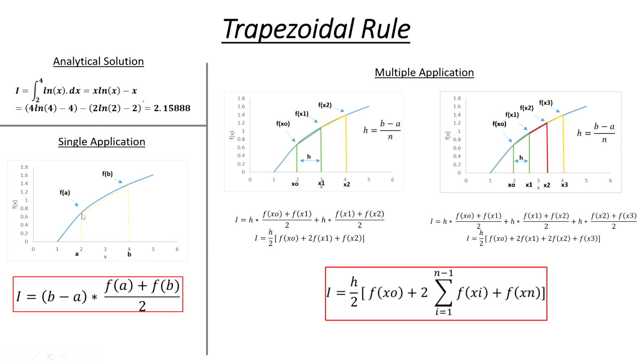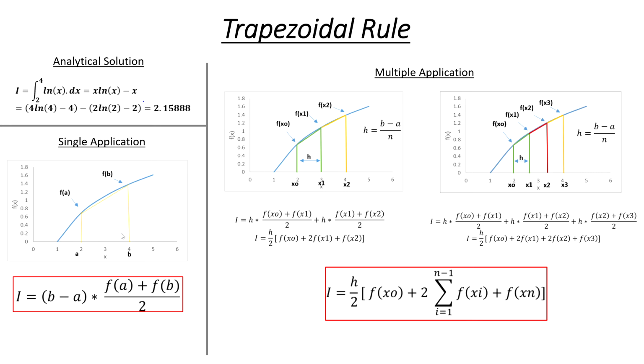This is the linear function that I'm defining on the interval 2 to 4. And I'm going to find the area under this first order polynomial. If you notice, the area under a first order polynomial has the geometric shape of a trapezoid. And this is where the rule gets its name, the trapezoidal rule.